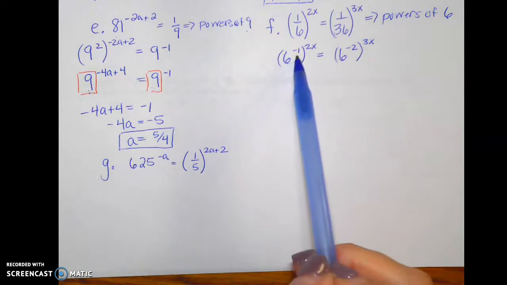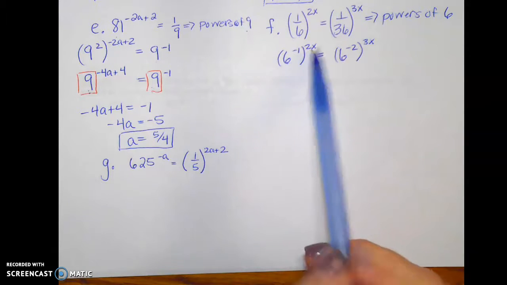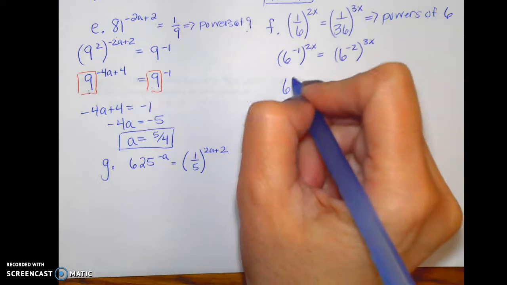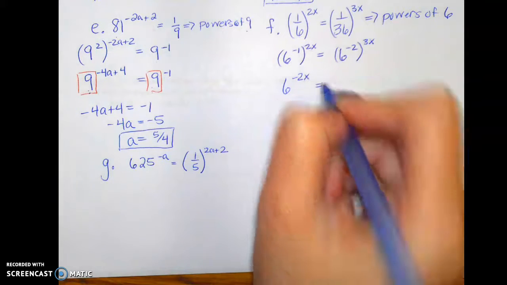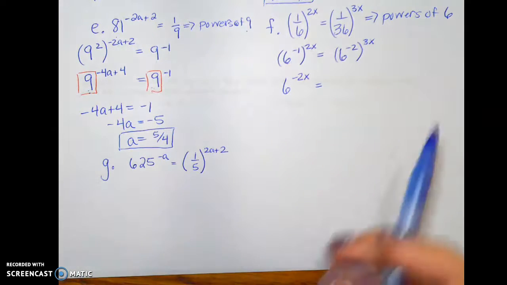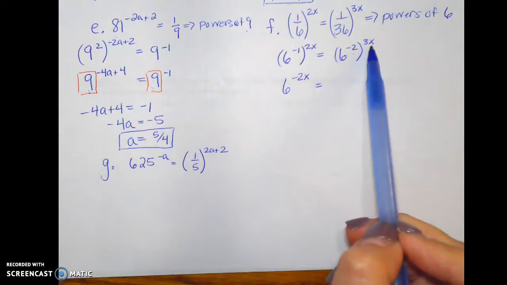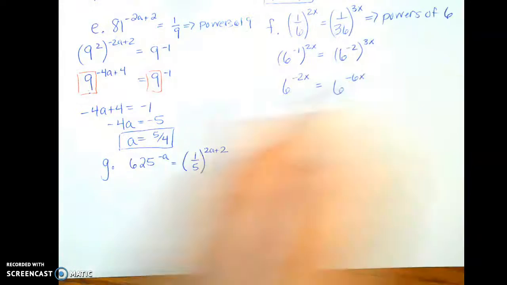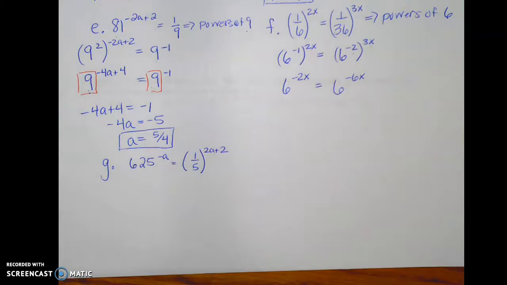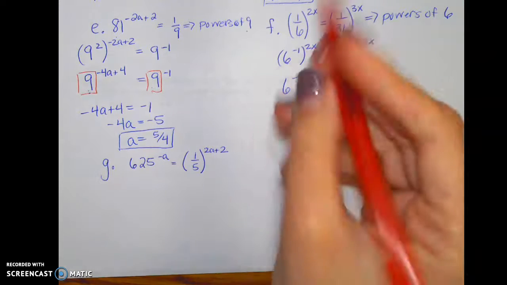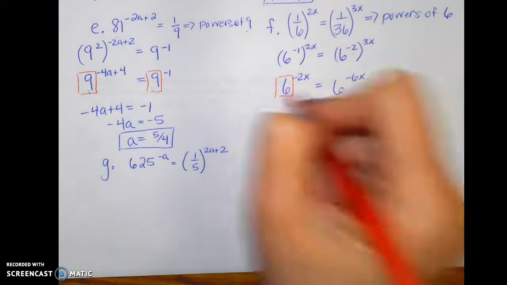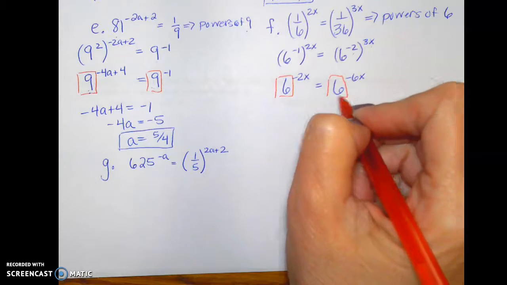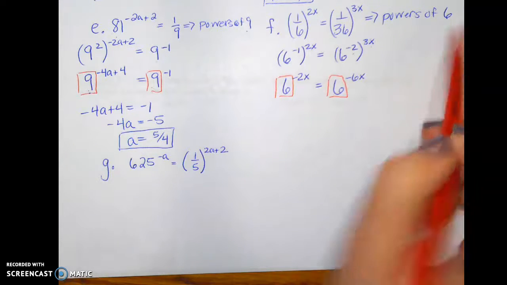And now we remember power to a power is multiplication, so this becomes 6 to the minus 2x. And then on the right, again, we're doing power to a power. Negative 2 times 3x is negative 6x. So we now have our 6 as our base on both sides, which was our plan from the start.